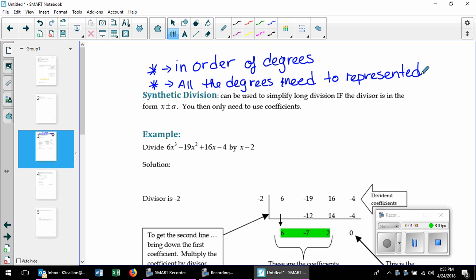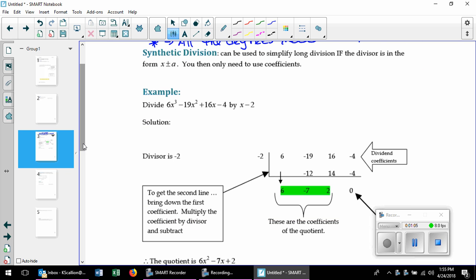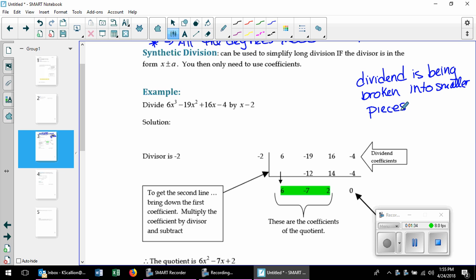All right. Okay, dividend. The dividend is the thing we're trying to break up. The divisor is what's breaking it up.